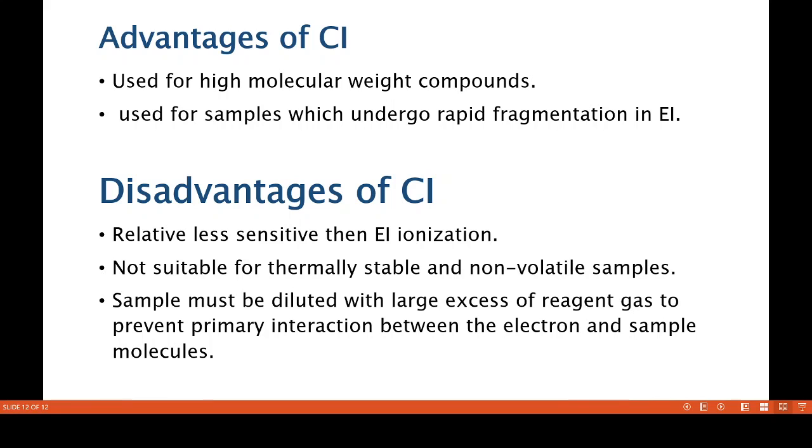The difference between electron ionization and chemical ionization is that in electron ionization, a pressure of 10 raised to minus 6 to 10 raised to minus 5 torr is maintained, while in chemical ionization, 1 torr pressure is maintained.